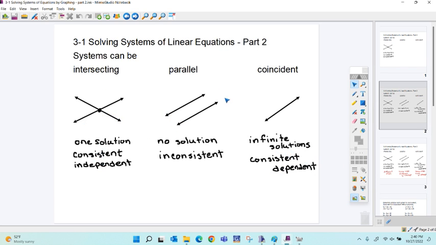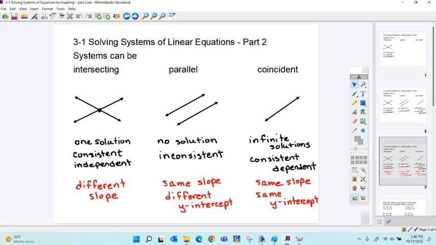If they're parallel, there's no solution, and the word for that is inconsistent. If we graph two lines and they end up right on top of each other, we say there are infinite solutions, and the words are consistent, meaning yes, there are solutions, and dependent, because they're the same line.